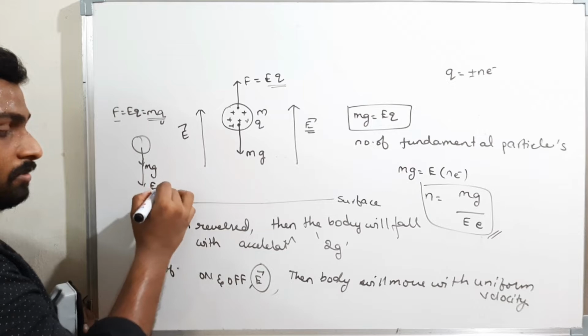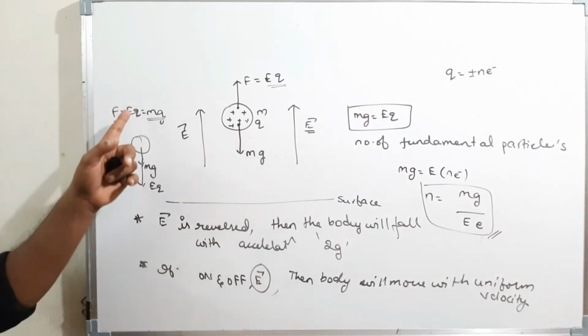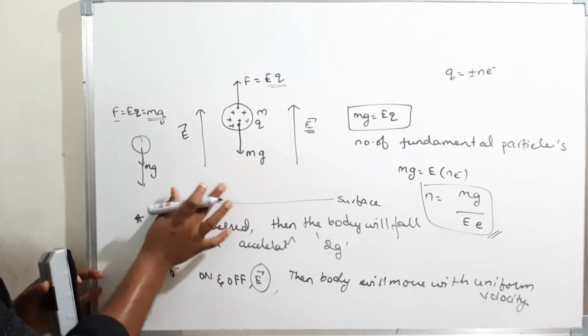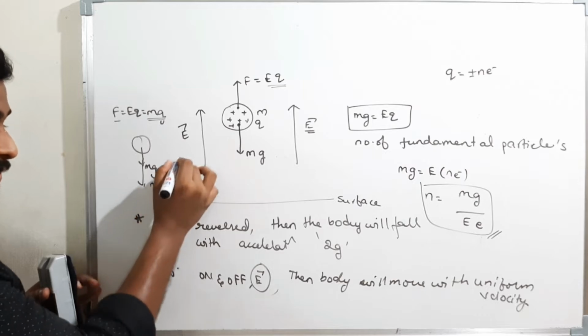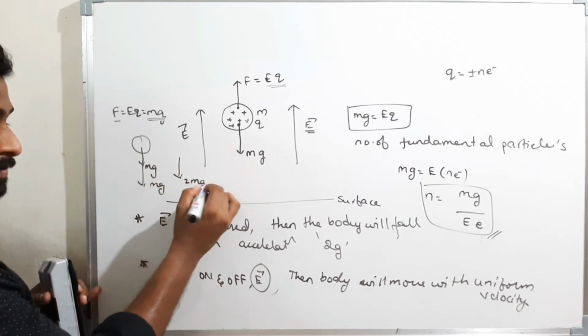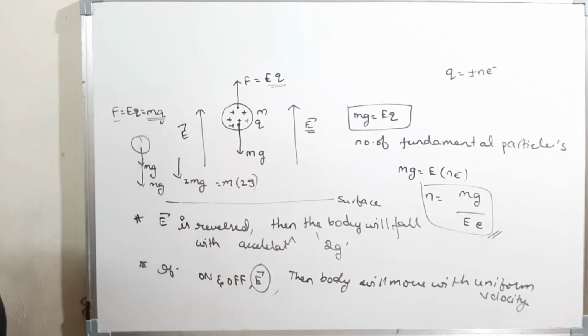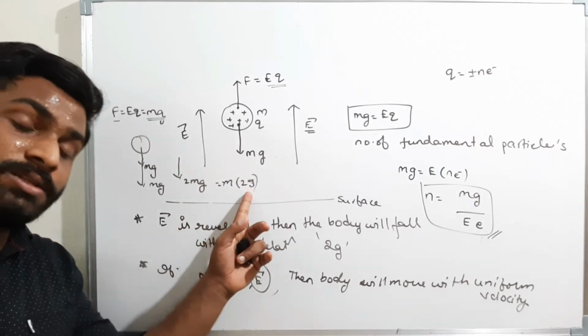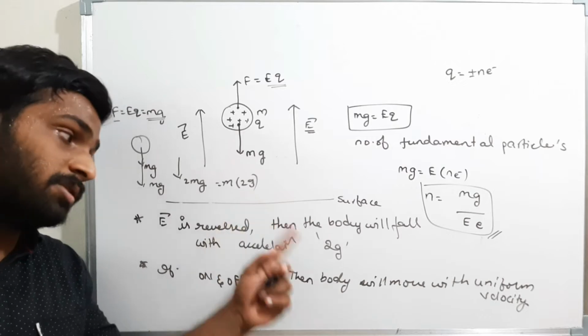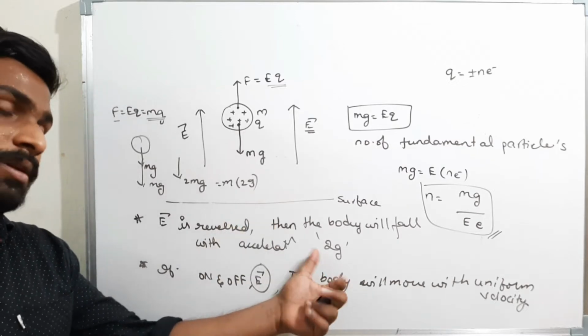What is that? EQ. Already I got EQ as mg. Therefore, the downward force is one more mg. Therefore, the total downward force is 2 into mg, which is nothing but m into 2g. That means it will fall down as if the acceleration due to gravity is 2g. Observe carefully. Okay, well and good.